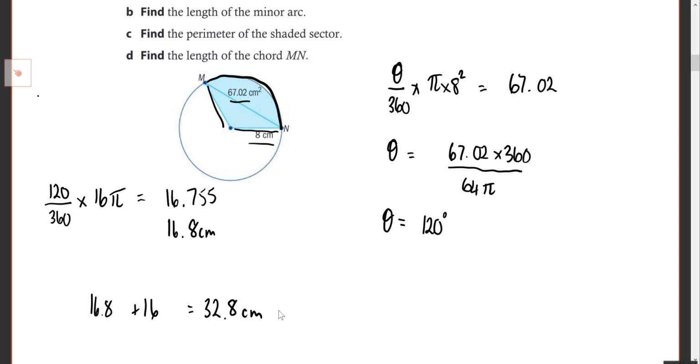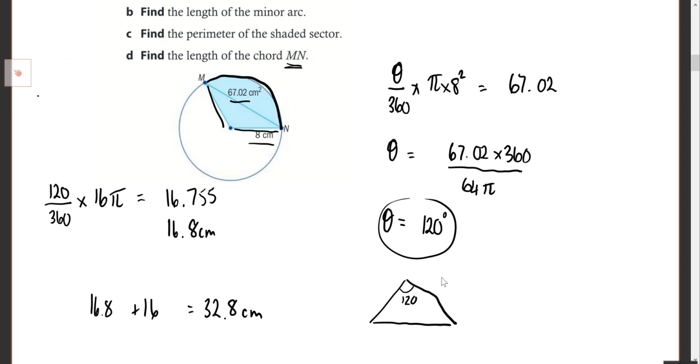Okay, and find the length of the chord. Well, this time the chord is from M to N, so they tell you that. That is part of this triangle, right? This triangle has an angle of 120 degrees, not 90.